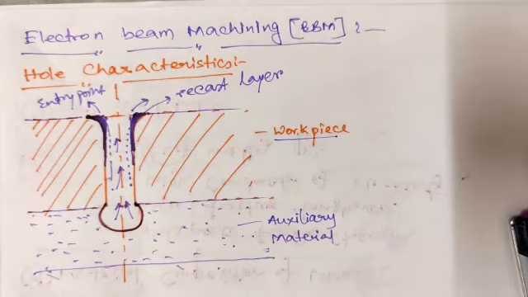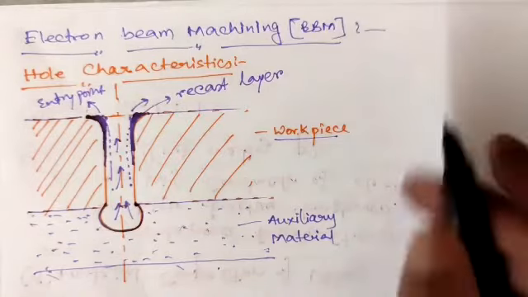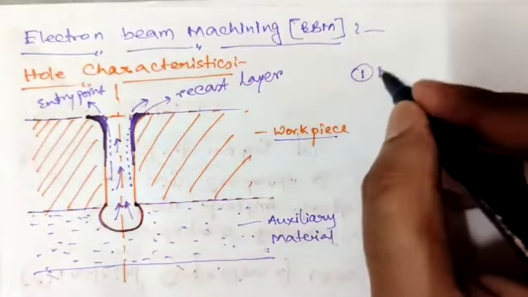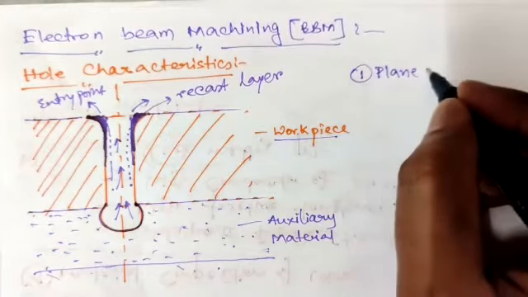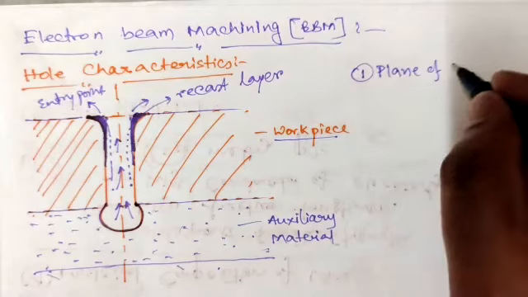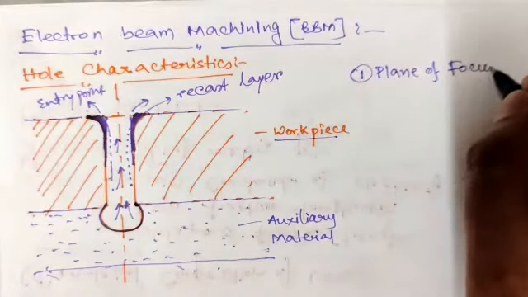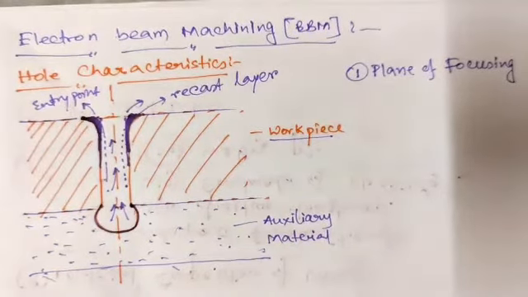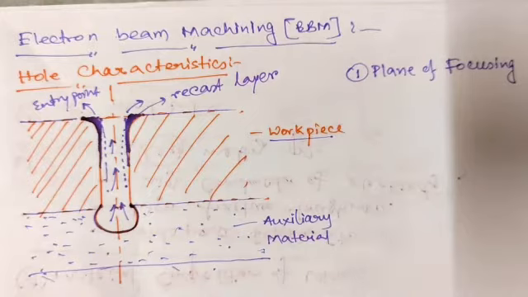As I have said, we will be focusing on this plane of focusing of the electron beam. The plane of focusing is very important; we need to know about it. It can be seen in a particular diagram.